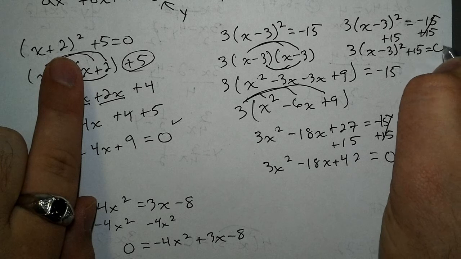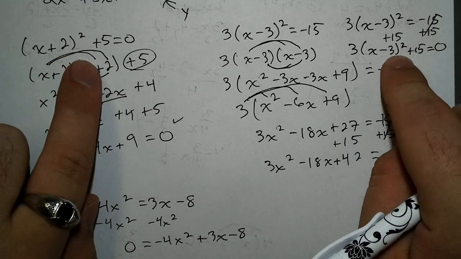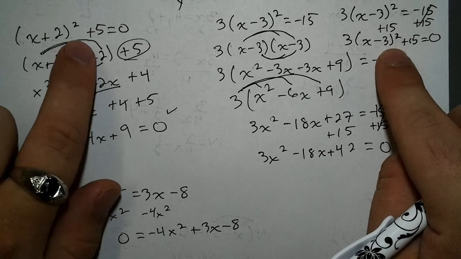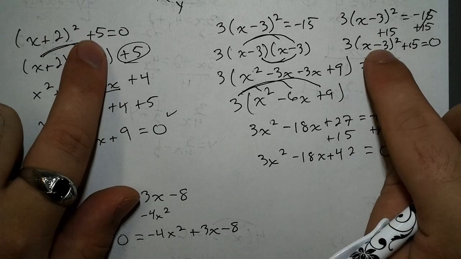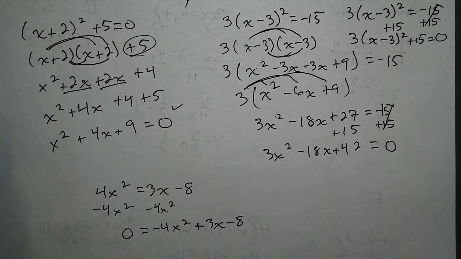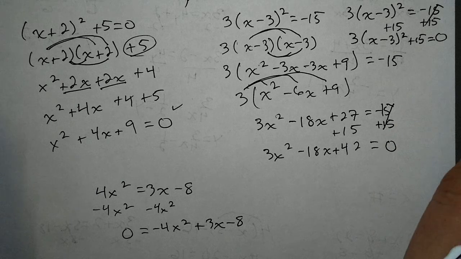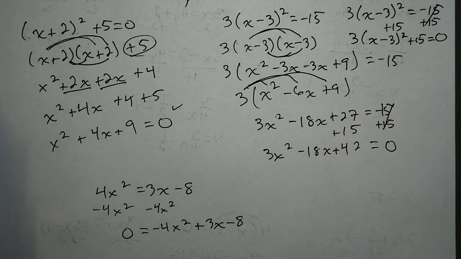You can still graph that, we just don't have it in standard form. This can be graphed like this as long as you have everything on one side. It's just not in standard form. So don't let the STAR test confuse you. You can either change it into standard form or just get everything on one side and graph it.